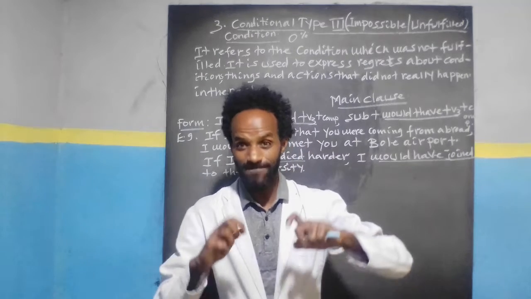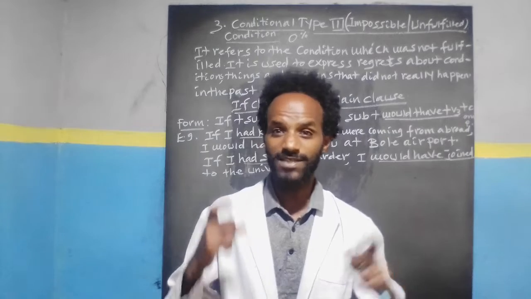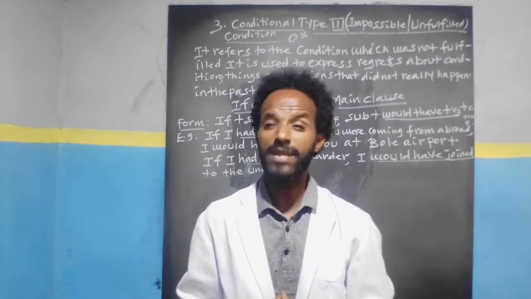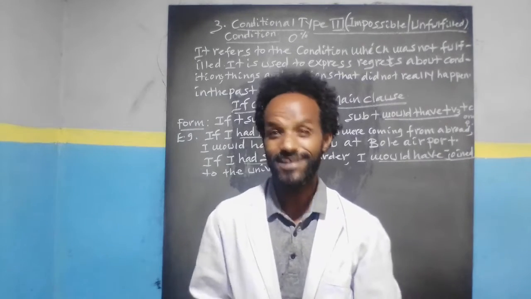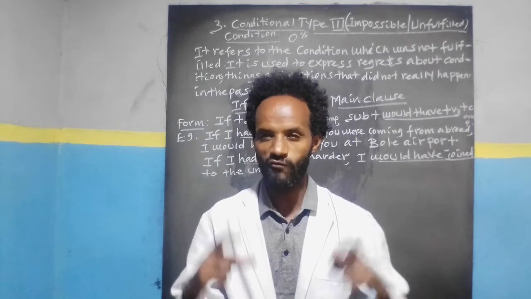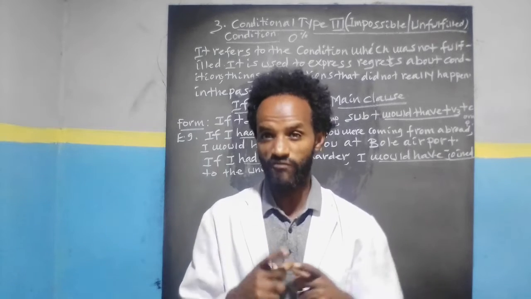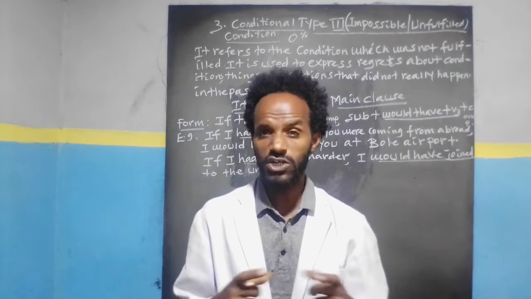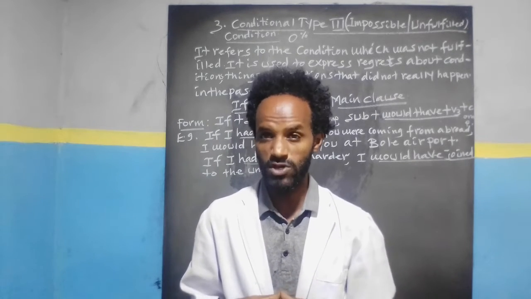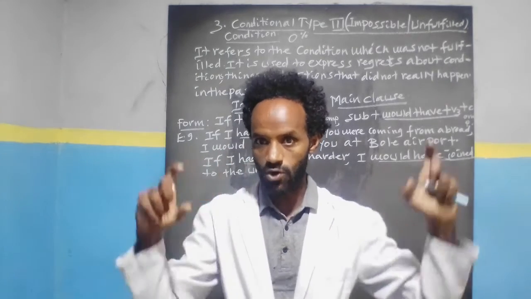So for this general significant role, we use it for these different purposes. The other point I want to tell you in this lesson is the structure or pattern of conditional type 3. When I say pattern, the way in which we form statements using conditional type 3 needs two different clause parts.